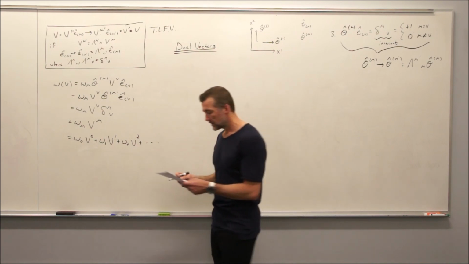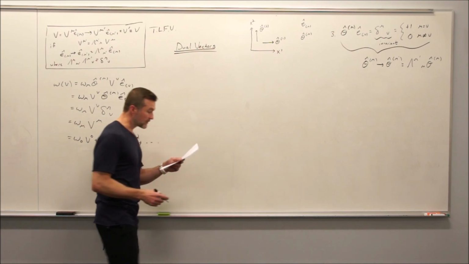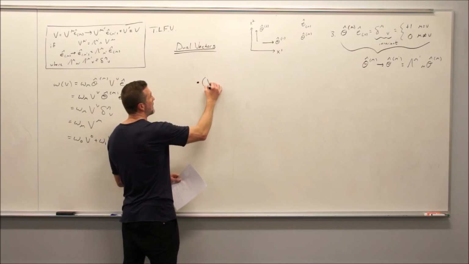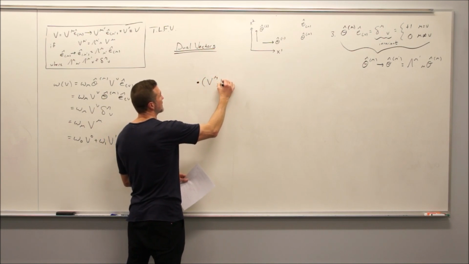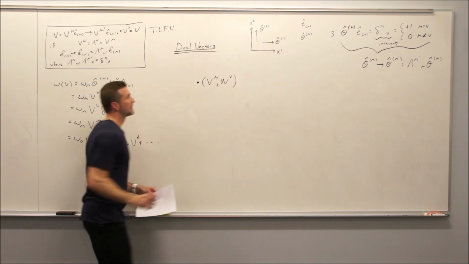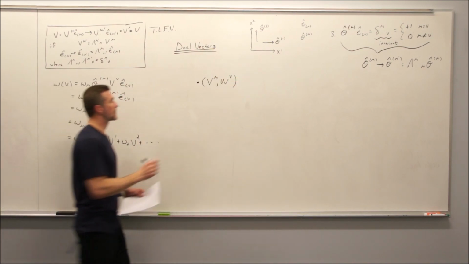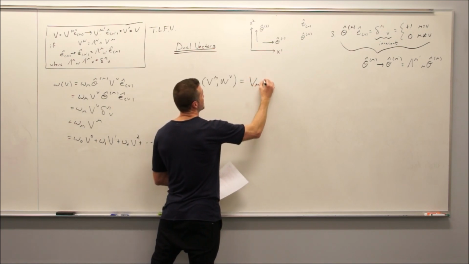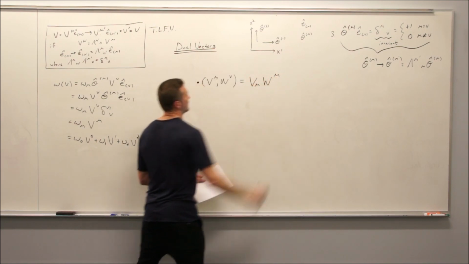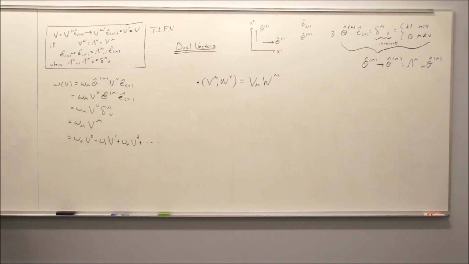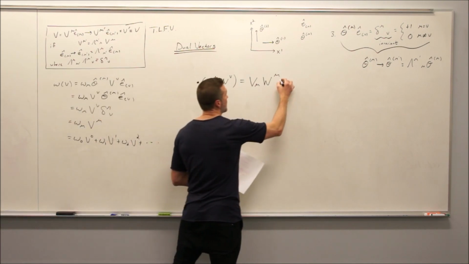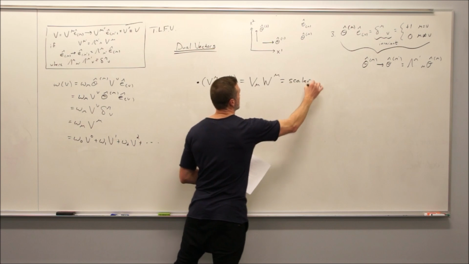Okay? So what do we mean when we say the dot product? Well, what we mean is essentially that the dot product is an operation that takes two vectors and forms this particular combination. Where this particular combination is, of course, a scalar.